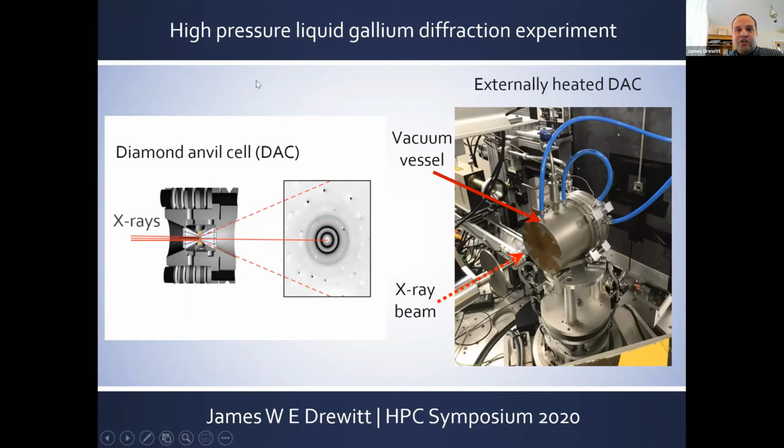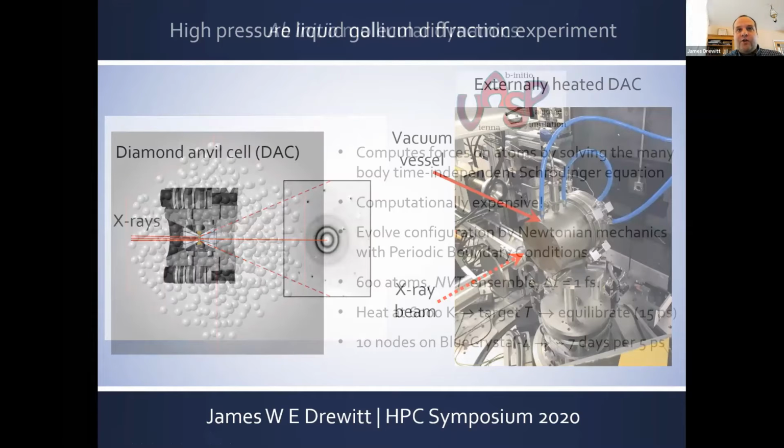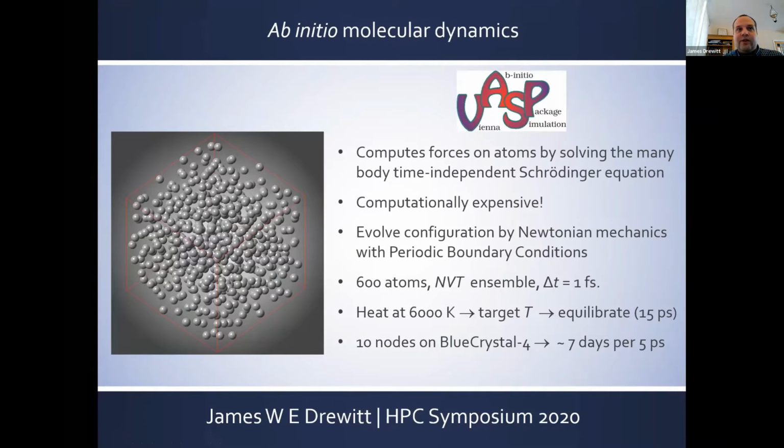So in addition to these experimental measurements, I made ab initio molecular dynamics simulations of liquid gallium using the VASP code on Blue Crystal 4. Ab initio molecular dynamics computes the electronic forces on the atoms within a configuration box by solving the many-body time-independent Schrödinger wave equation.